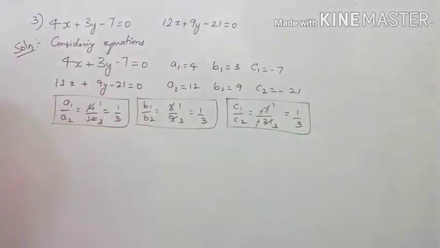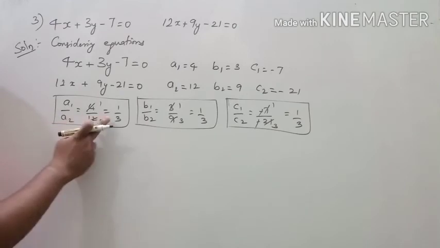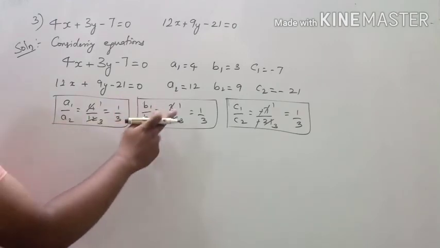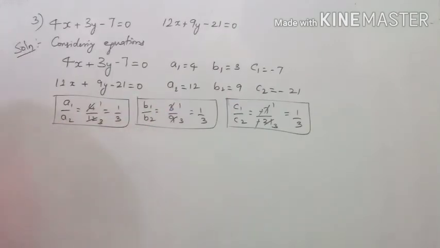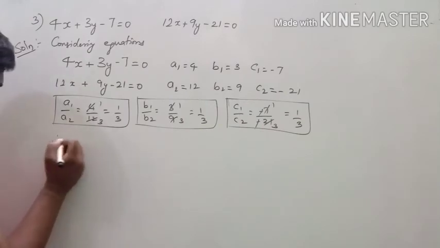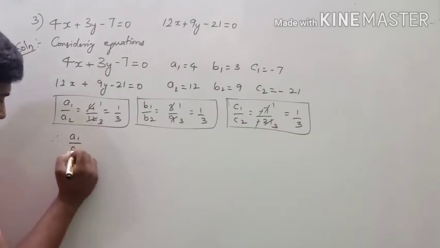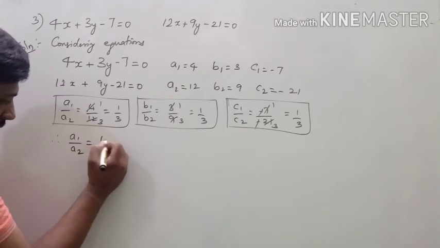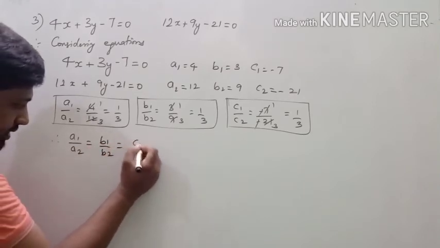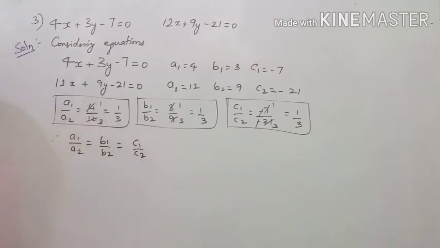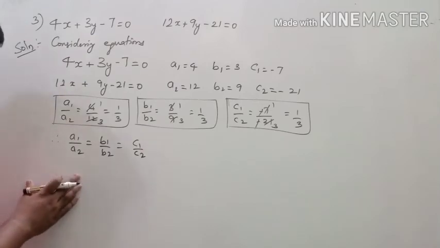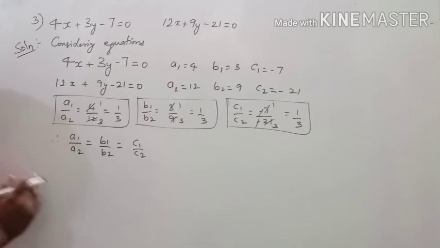So what happened if you observe? a1 by a2 is 1 by 3, b1 by b2 is 1 by 3, c1 by c2 is 1 by 3. So therefore, by comparing it, a1 by a2 is equal to b1 by b2 is equal to c1 by c2. If this is the condition, then what I have told initially, the lines are coincident.